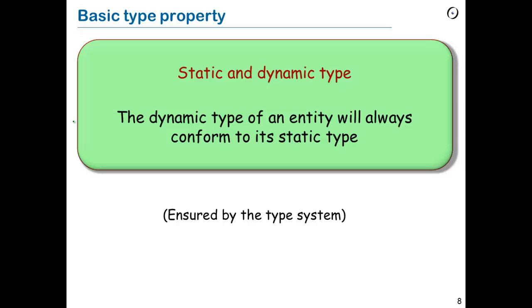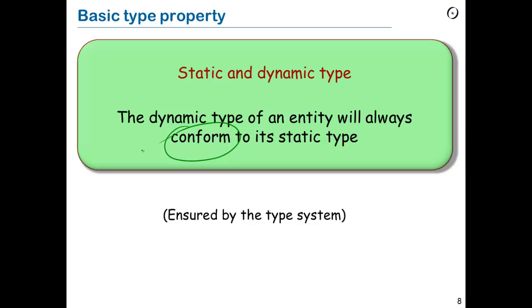Here's the rule that I asked you about a couple of minutes ago. The rule about the relationship between static and dynamic types. The dynamic type of an entity will always conform to its static type. Now, we said is a descendant, and now here I'm writing conform because this is the official language rule.